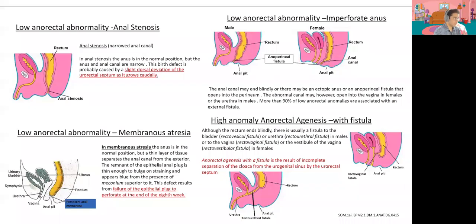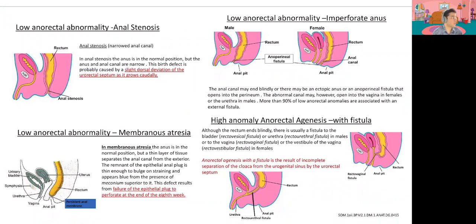Low anorectal abnormalities with anal stenosis, right? The buzzword for these is slight dorsal deviation of the urorectal septum. That is the buzzword for anal stenosis, as compared to imperforate anus. The buzzword for this was a little bit more tricky because what essentially happens here is a blind outpouching.